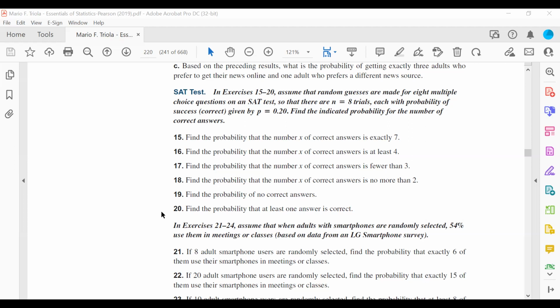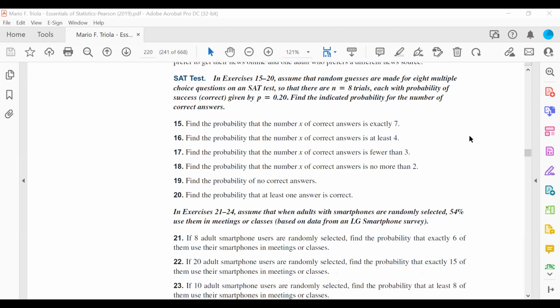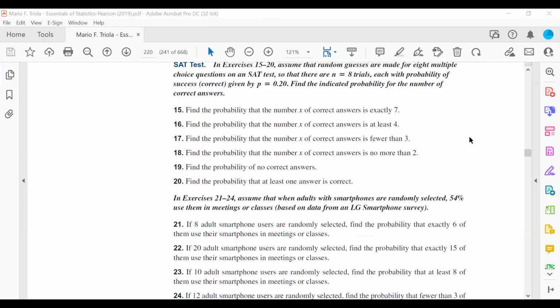All right, so problem number 15 says, assume that random guesses are made for 8 multiple choice questions on an SAT test, so that there are N equals 8, each with a probability of success given by P equal 0.2.